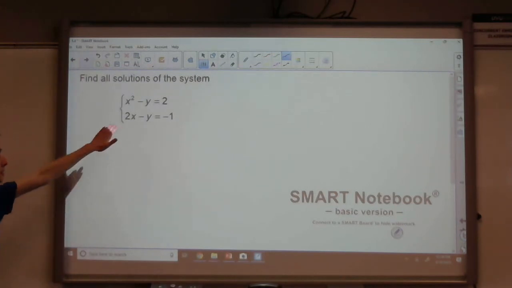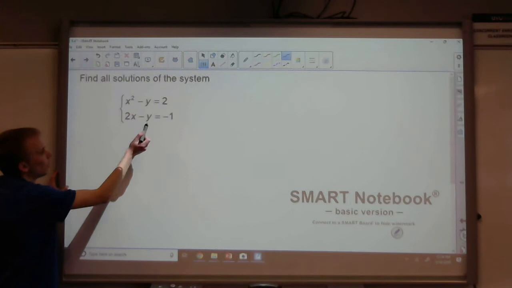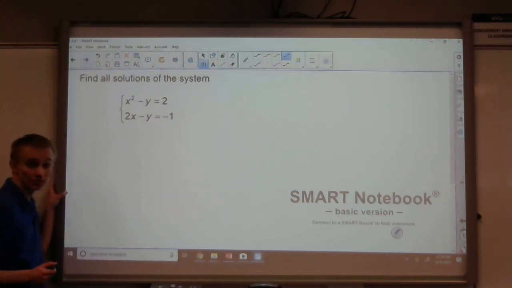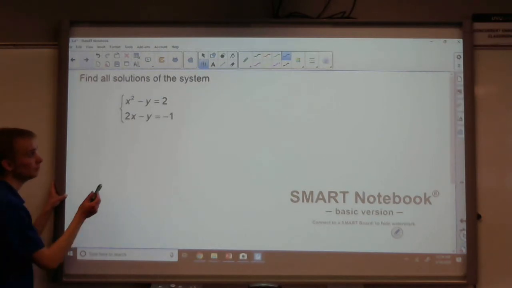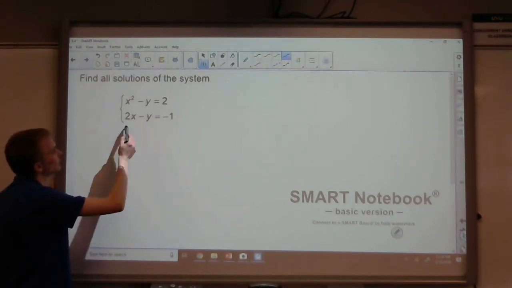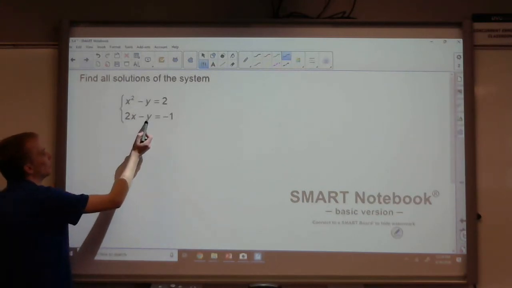So I'm going to do this by substitution. So what I'm going to do is I want to solve for one of the variables in the equation, right? So I solve for a variable. I'm going to use this one because it doesn't have squares in it. I'm going to solve this one for, let's do y, okay? So I'm going to solve for y.